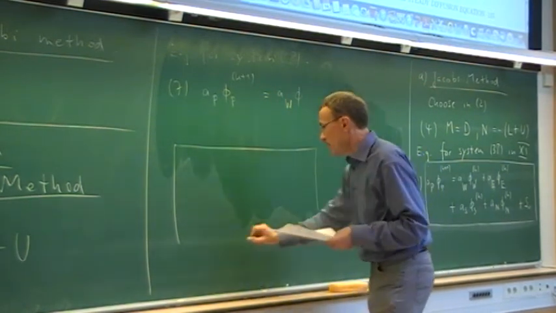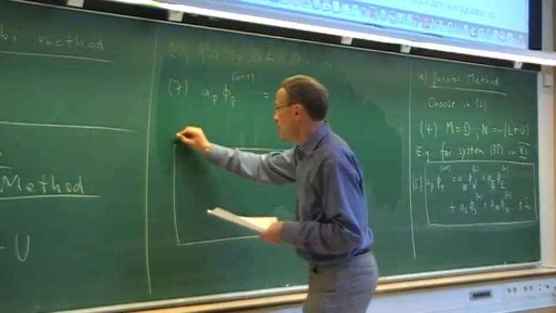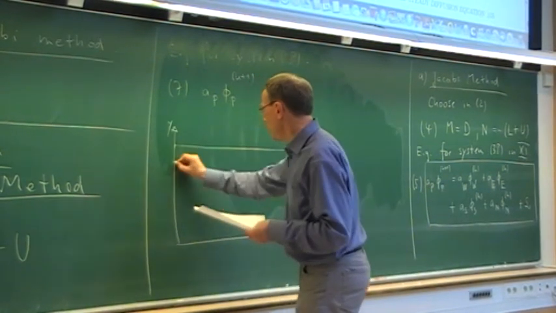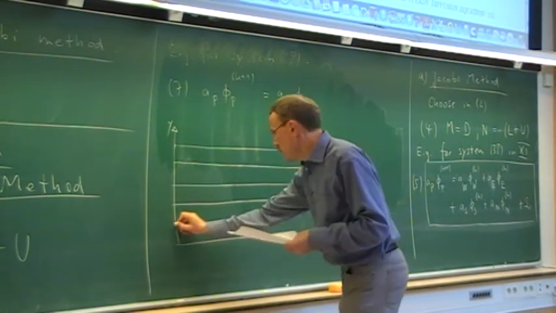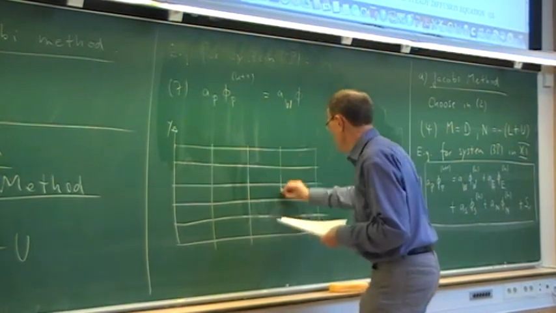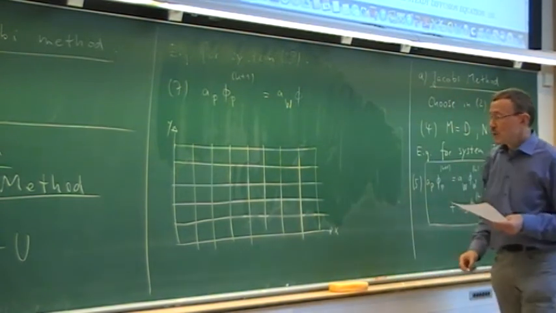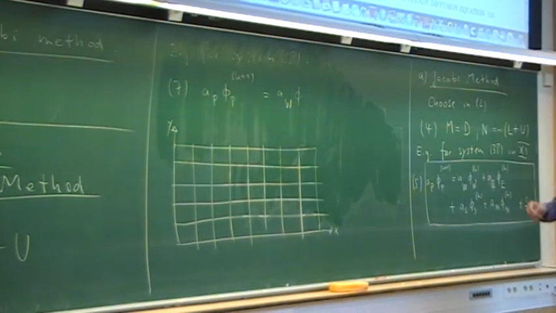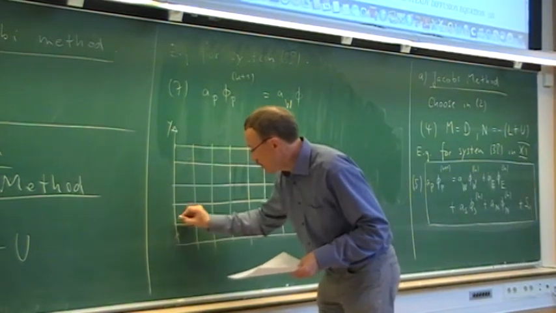If you imagine our problem, we have here x, we have here the y, we have our cells with our equidistant grid. So imagine we have Dirichlet boundary conditions. We set the boundary conditions so that they are already in place.